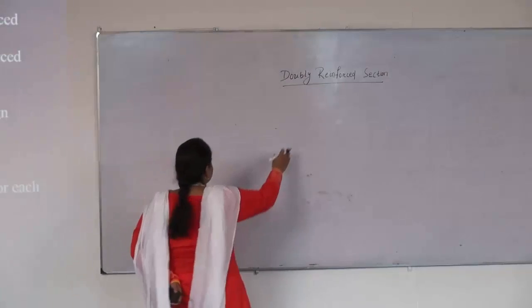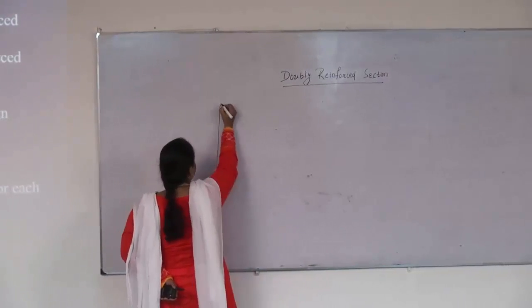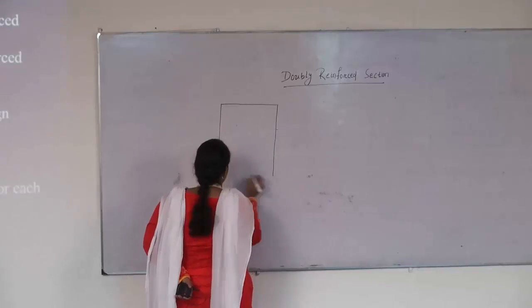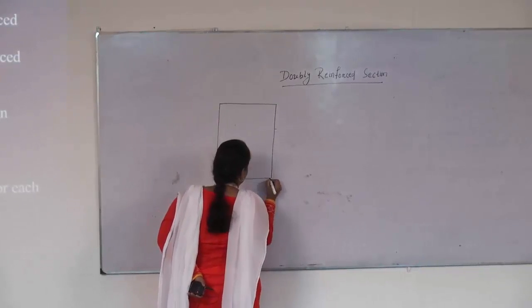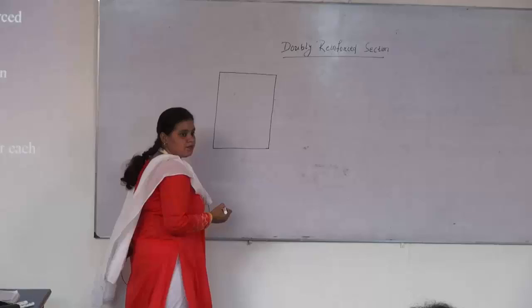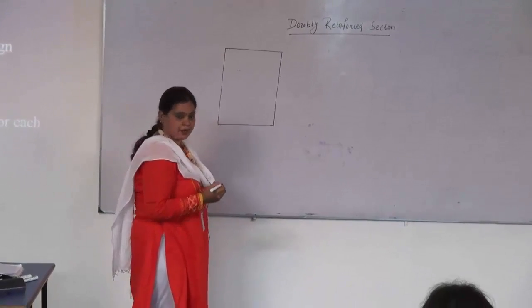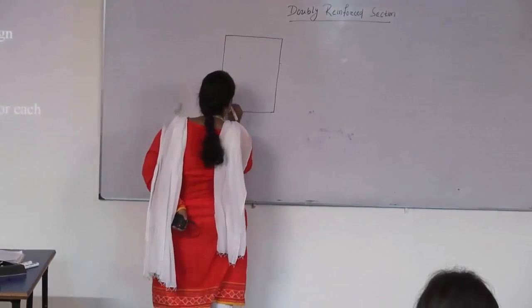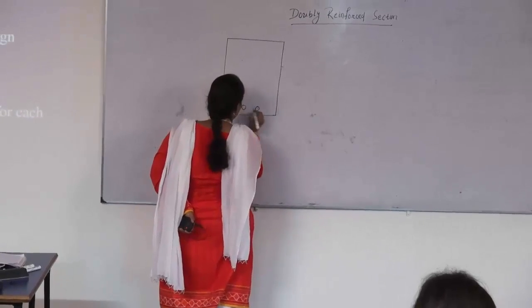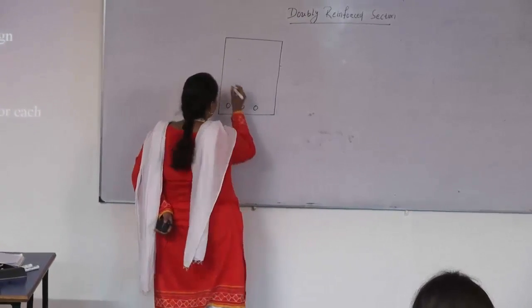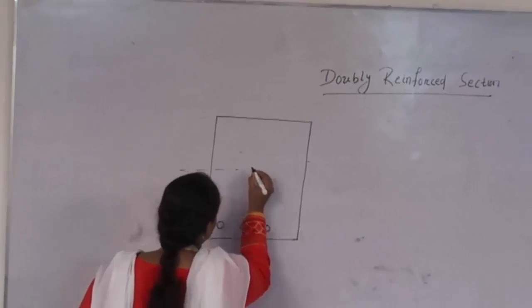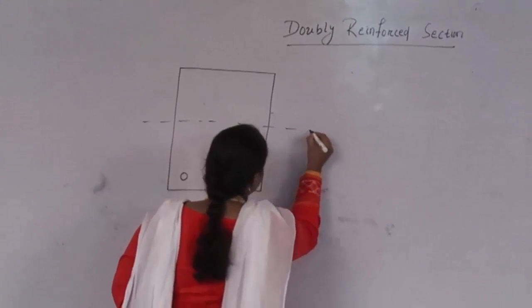Suppose this is one section. First you have to draw the singly reinforced section. Here I have to provide reinforcement in the tension zone. So this is your neutral axis.